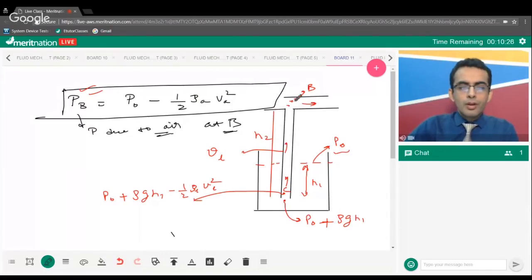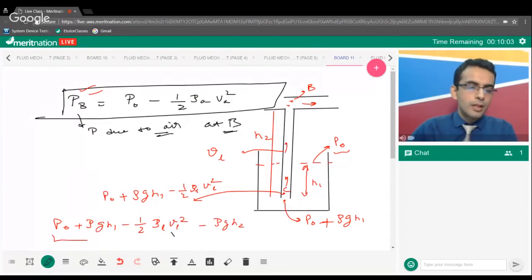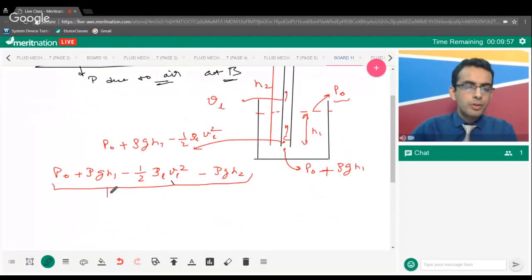So the pressure due to liquid at point B will be how much? It will be equal to P naught plus rho G H1 minus half rho L VL square minus rho G H2. So this is the pressure at point B due to liquid.